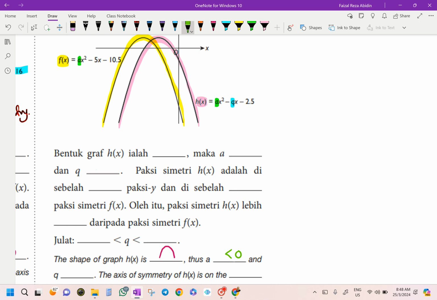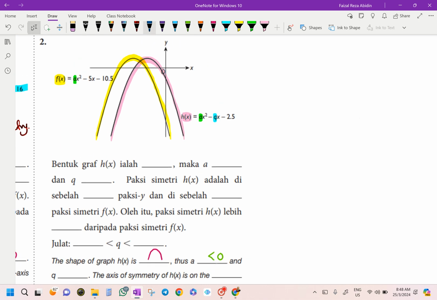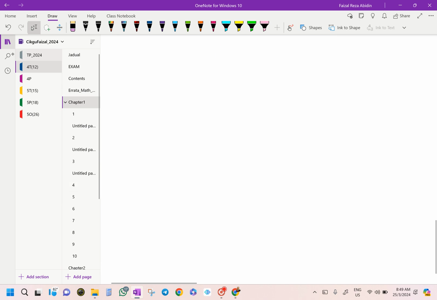How about our Q? Macam mana nak tahu lah? Look at the axis of symmetry. Axis of symmetry kat mana tu? Tengah. On the left. Okay, so if you look over here, the axis of symmetry for our fx is going to be this one, and this one is going to be the axis of symmetry for our hx. Boleh nampak dua warna beza tu. Just look back into your textbook.